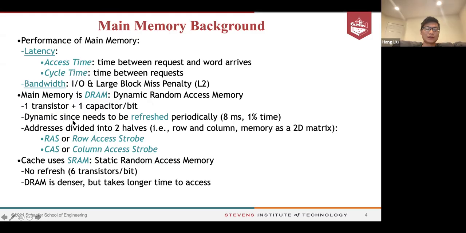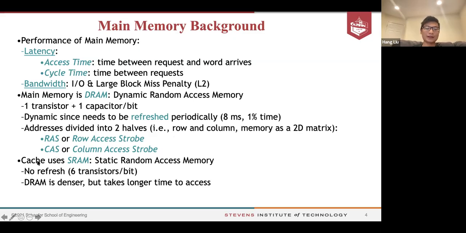It's dynamic since we need to refresh every main memory cell periodically, like every 8 milliseconds, or right now shorter, right? Addresses are divided into two halves, one row and one column. We treat memory as a two-dimensional matrix. There's a row access strobe and a column access strobe.